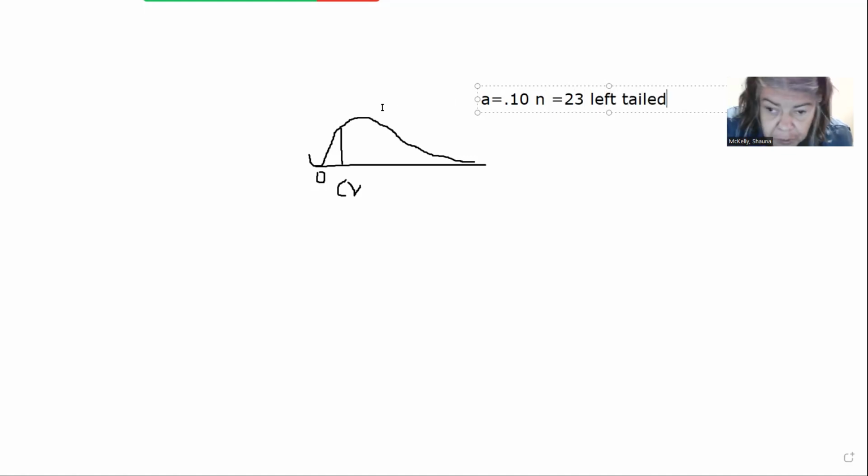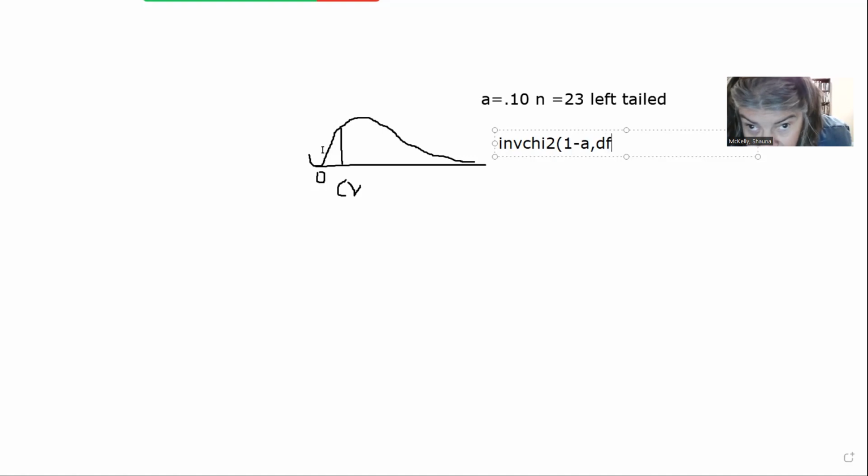Okay. So here we're looking for a CV, so we're going to do inverse norm. I'm sorry, inverse chi-square. Well, it's inverse chi-squared of 1 minus alpha and df, okay?